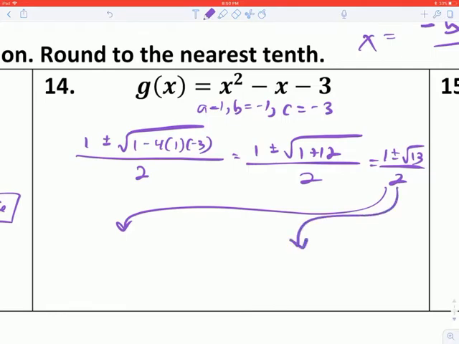So let's figure out the plus version and the negative version.